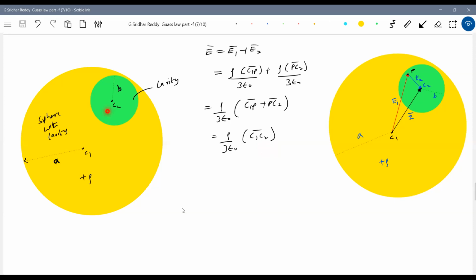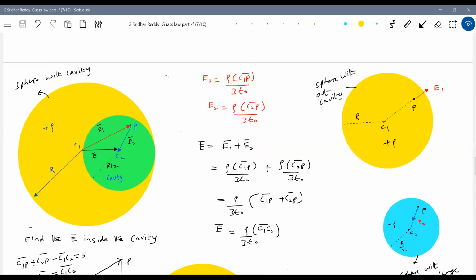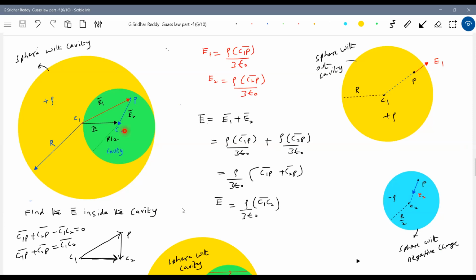Now, instead of the cavity, if I bring density 2 rho, what changes are you going to make? Instead of the cavity, let it be a sphere of density 2 rho. I think we have to go back to the basics here. If this region has a density of 2 rho, what does it mean?